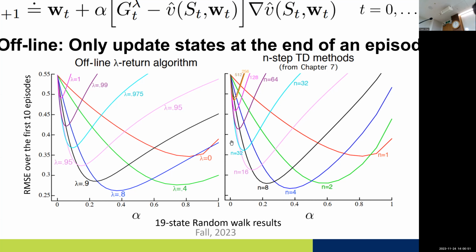Like, it's nine. Oh, yeah. 19 states random walk. 19 states.